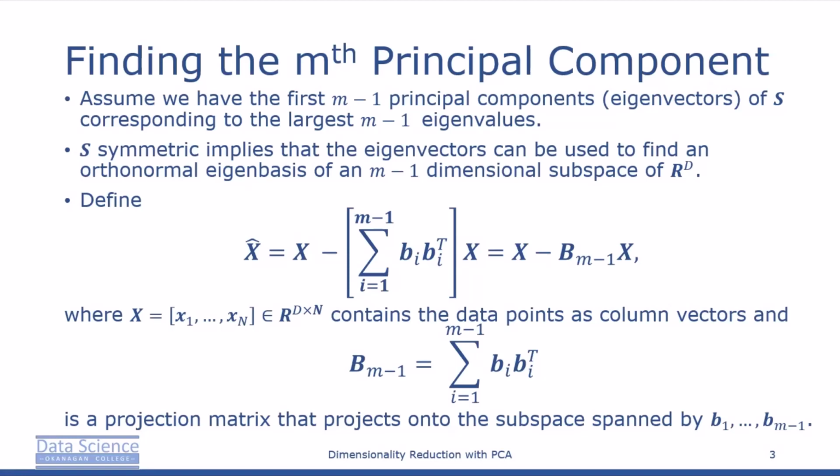B_{m-1} in this case is the sum of bi bi transpose, which is a projection matrix that projects into the subspace spanned by b1 through bm-1. Matrix X hat contains the information on the data that has not been compressed.